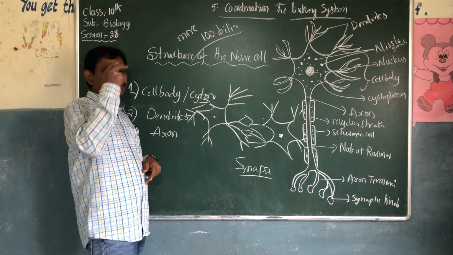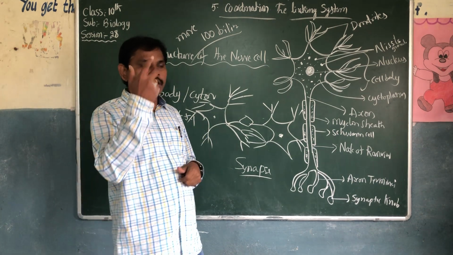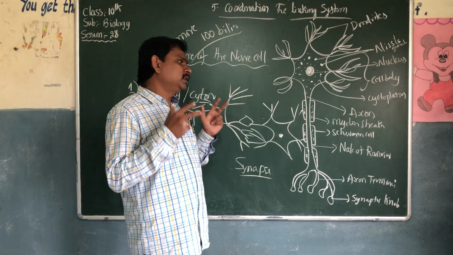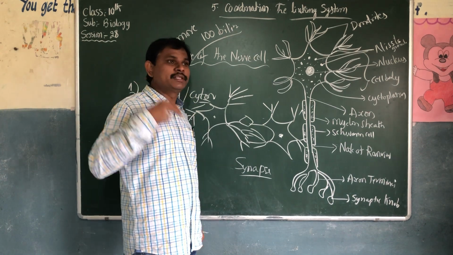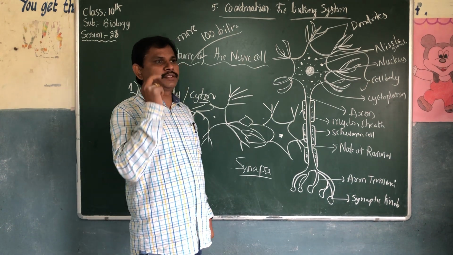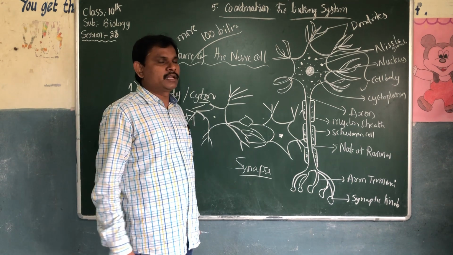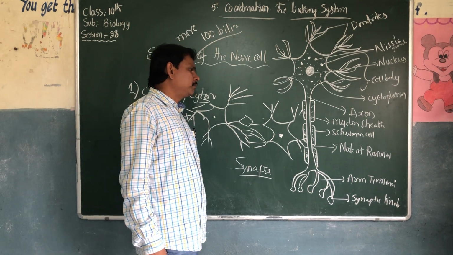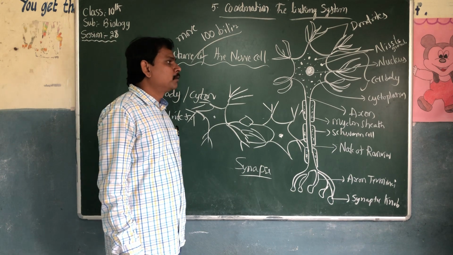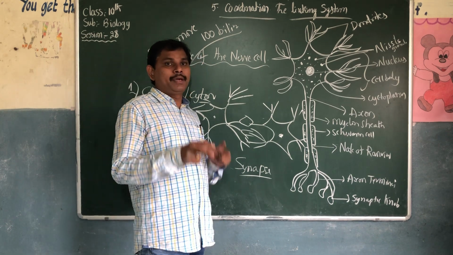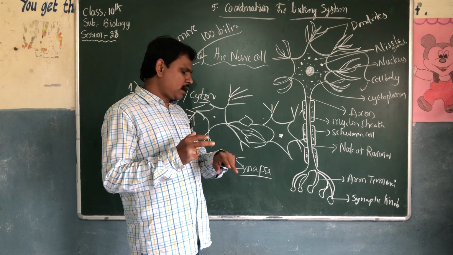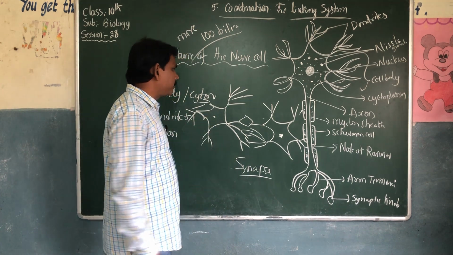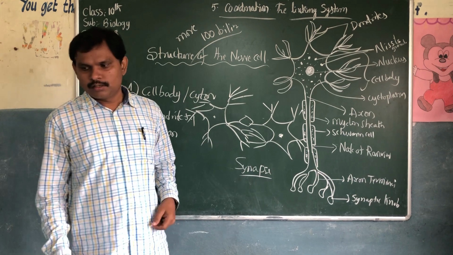To carry the message to the brain and to reply to the body parts, the nerve cells carry messages. Through these nerve cells, information is sent to the brain, and we get a reply from the brain. The brain plays a major role in analyzing the data and sending a reply to the body parts. This is about the structure of the nerve cell.